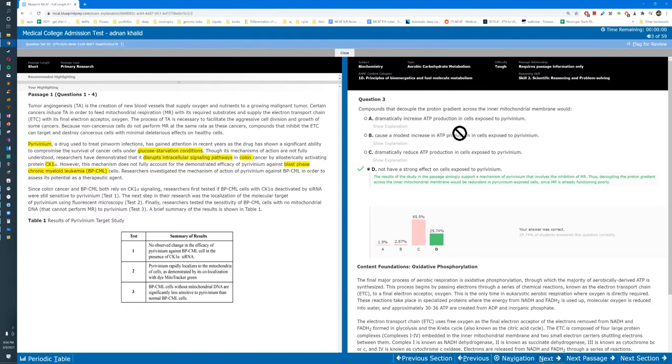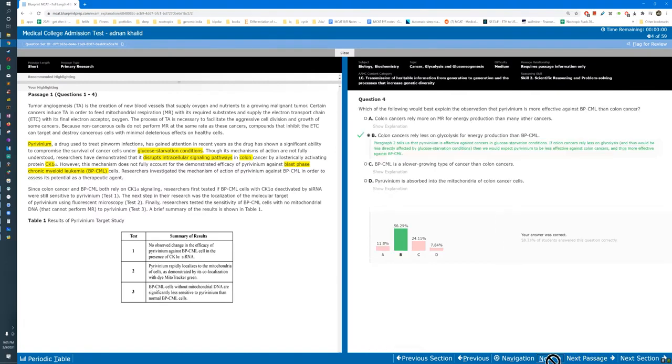Modest increase, which is closer to A, which, by the way, is never going to be an answer because it's too similar to A. It's not going to have any strong effect at all, because this drug just breaks the entire electron transport chain, so it's not going to even do anything regarding pumping protons out into the intermembrane space.